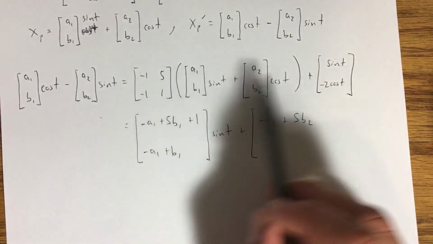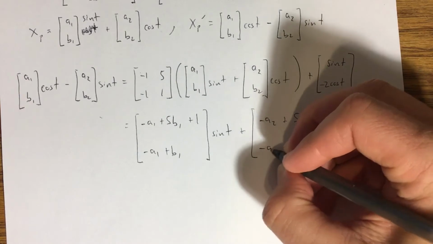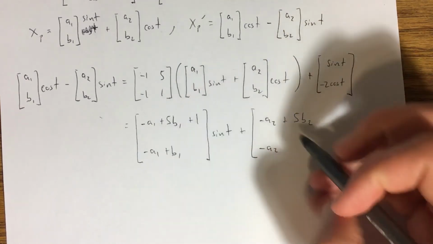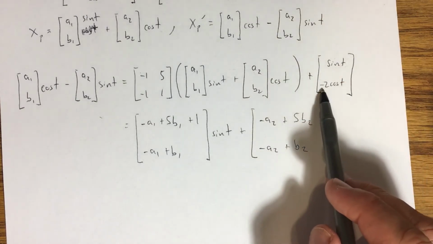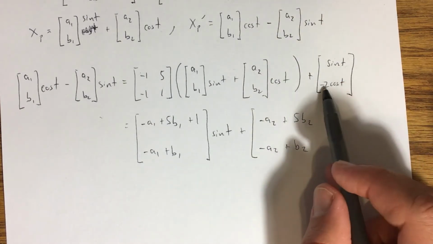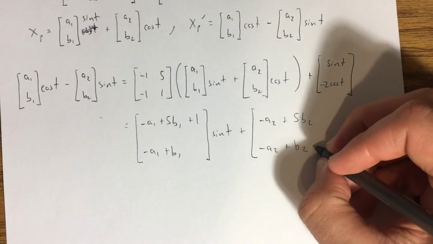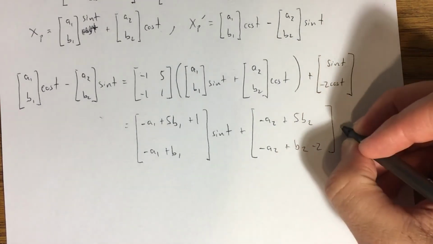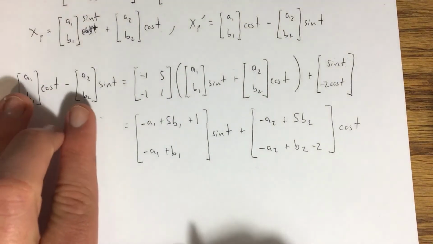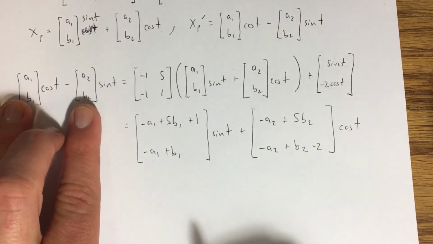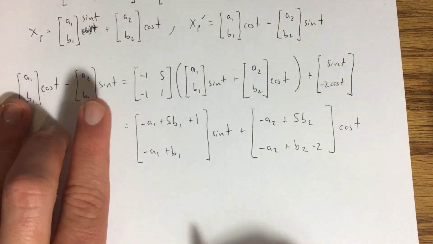Now we do the second row. A2 times -1 would be -A2. B2 times 1 is just plus B2. And then I also have this -2 cosine of t, so there's a constant of -2 that needs to be included there. Cosine of t.